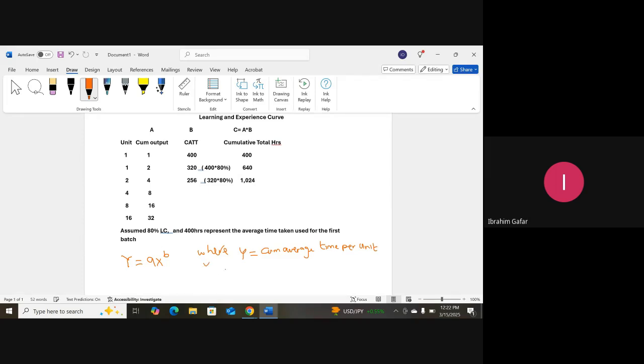Where A becomes the average time taken per unit of the first batch.